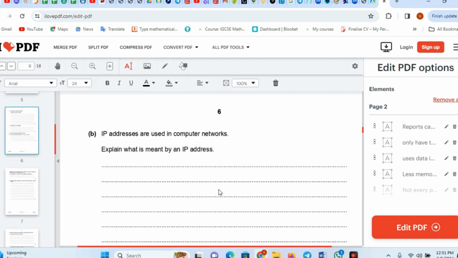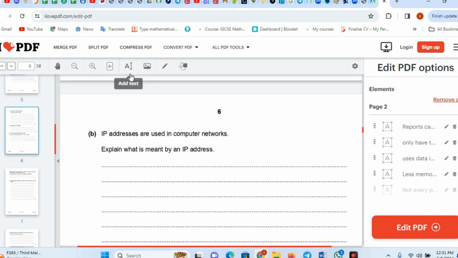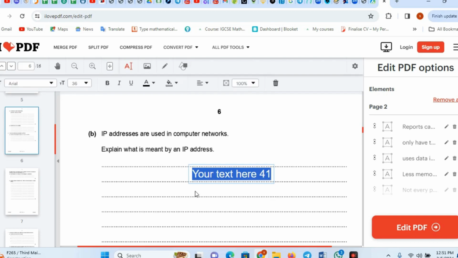So this is the meaning of IP address. You can simply put it as, tell them the meaning of IP address first, which is Internet Protocol address. That is the meaning of IP address.